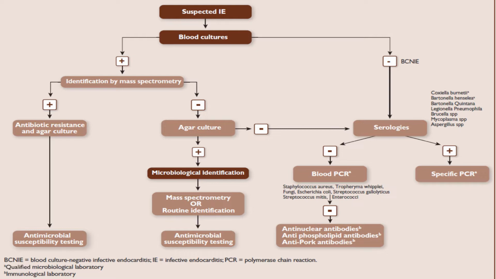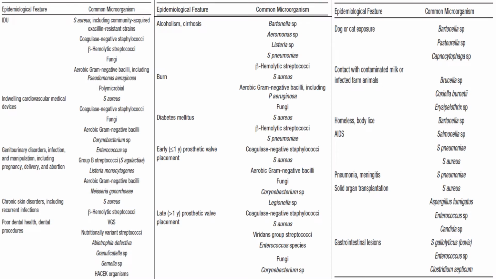But if the blood culture is negative, we can use serology, or you can ask about the epidemiological factors to guess the organism and test by molecular testing. This is the clue that you can use to guess the organism.